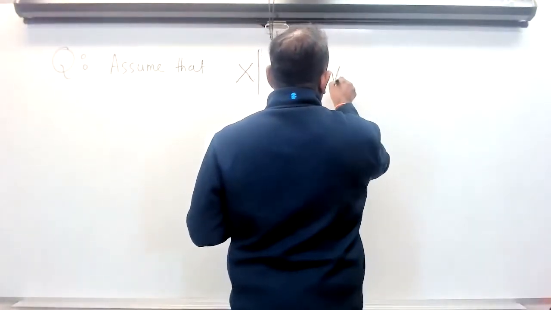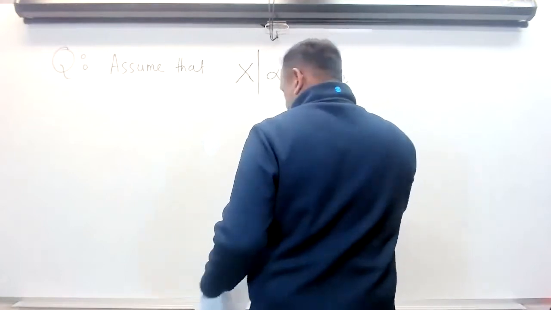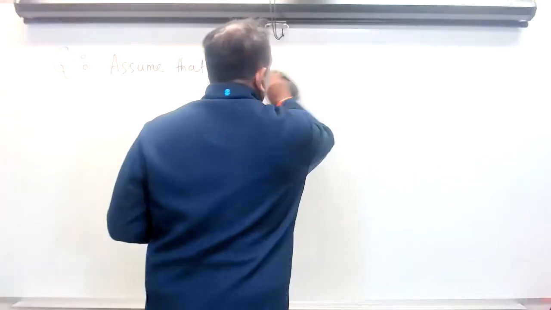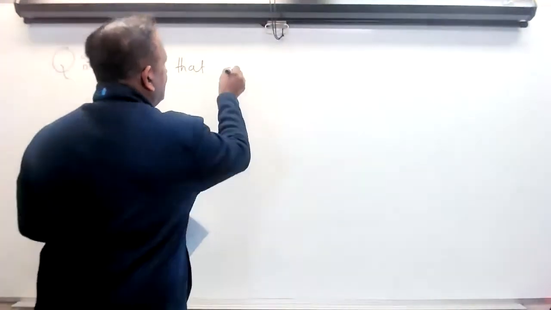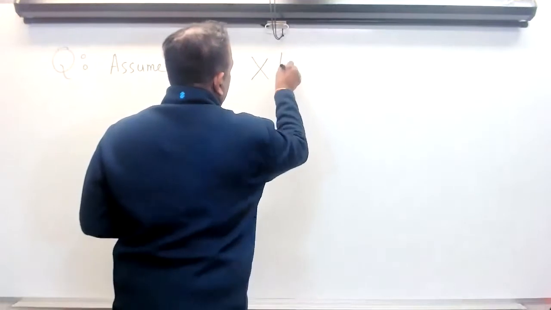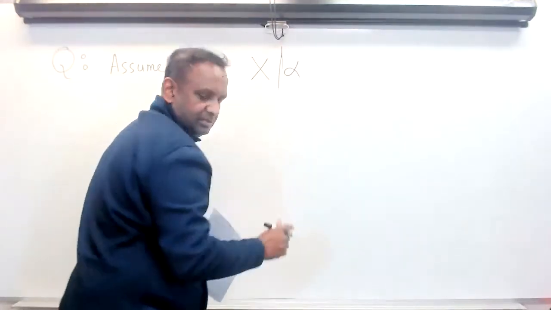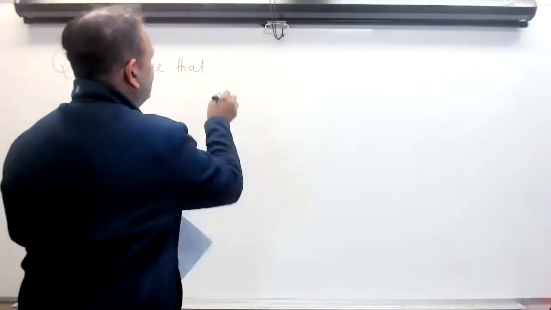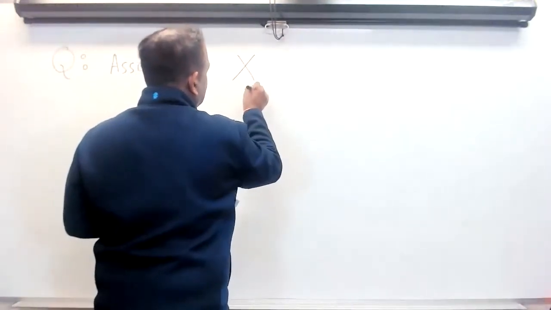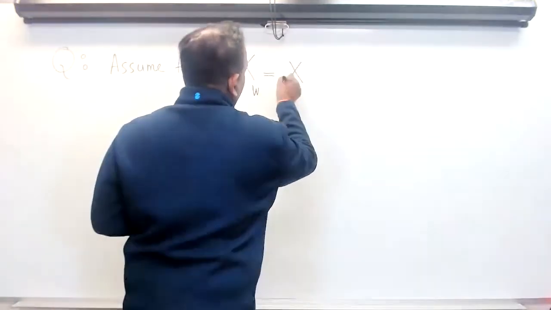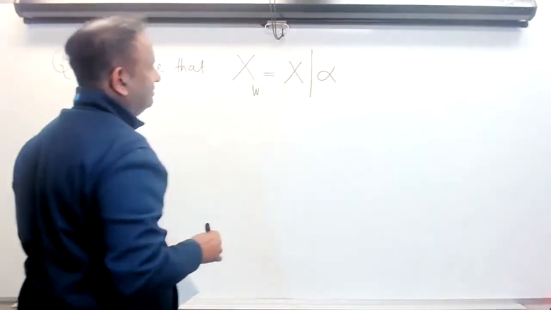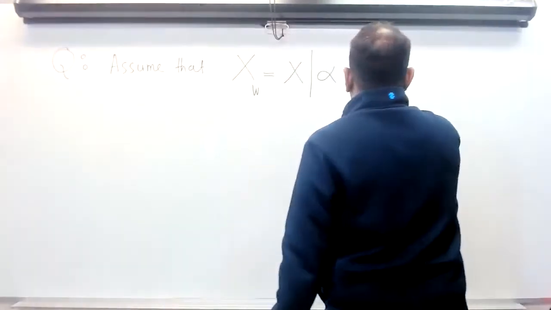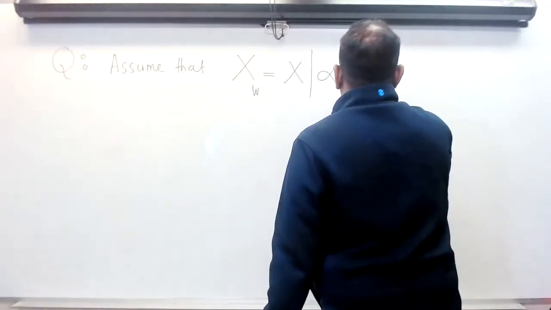I'm going to write this one for you to see very clearly. X given alpha, I would like to denote this way, XW, which is X given alpha, where the tilde means distributed.